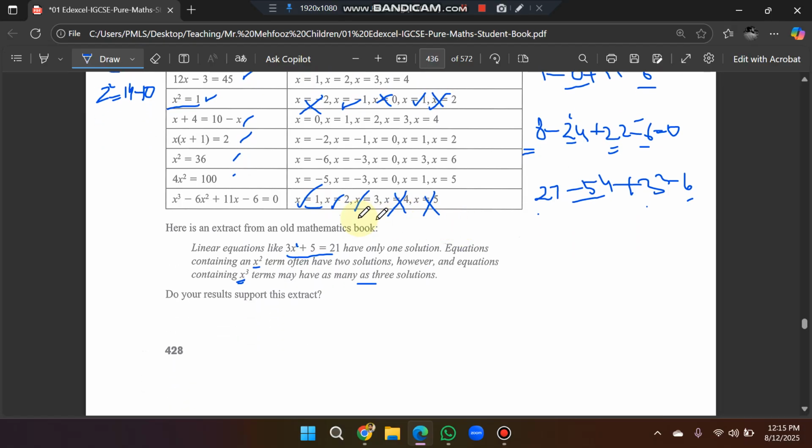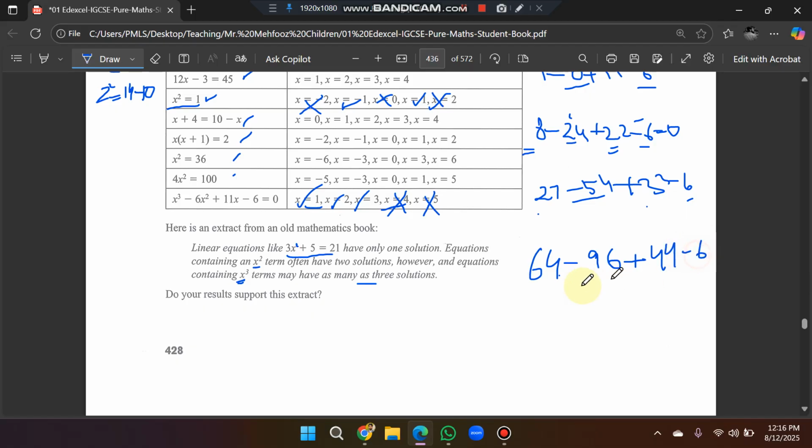For your convenience, we can put the value of 4 into this equation. 4 cubed is 64, minus 4 squared, that is 16, multiplied by 6. What is 16 multiplied by 6? 96, plus 4 multiplied by 11, that is 44, minus 6.